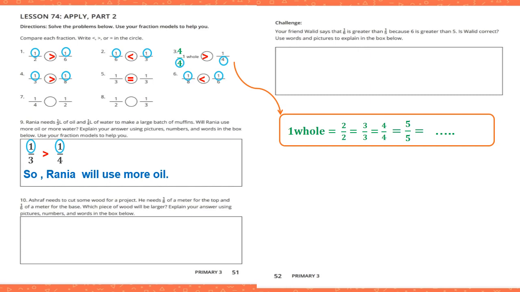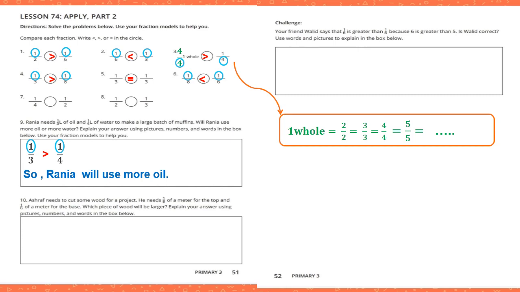Question number 10. Ashraf needs to cut some wood for a project. He needs 1/8 of a meter for the top and 1/6 of a meter for the base.